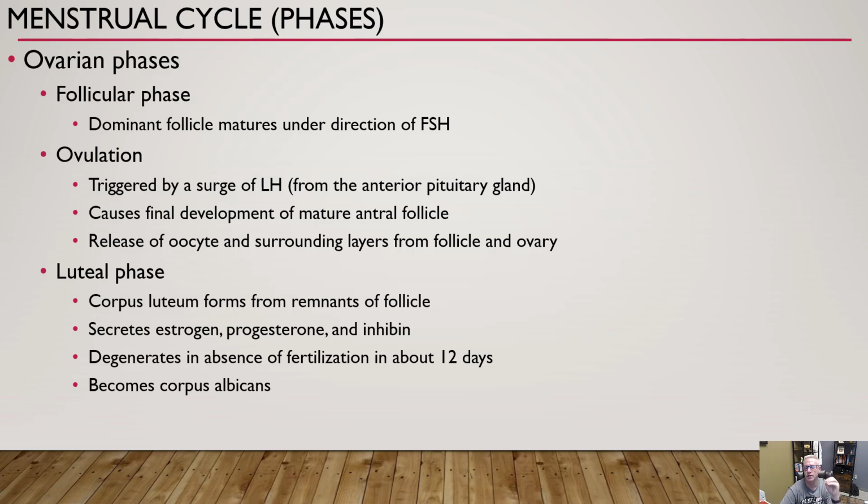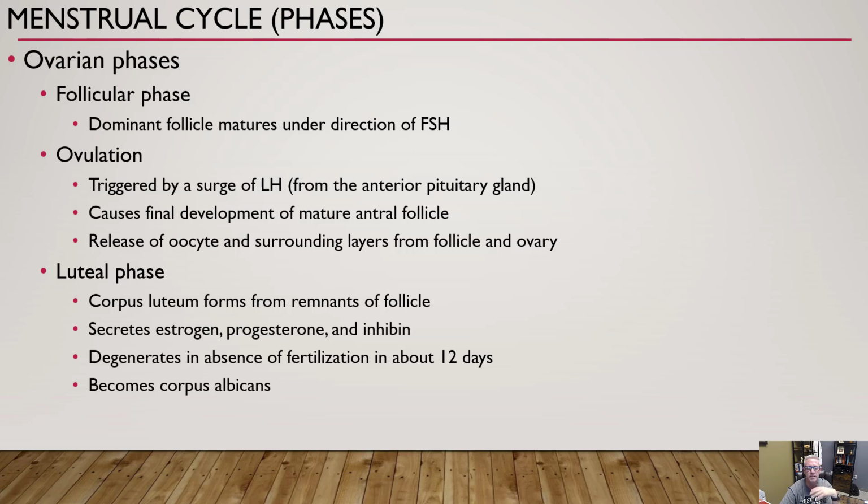Remember, LH comes from the anterior pituitary gland, and LH is stimulated by GnRH from the hypothalamus. Ovulation is the final development of the mature antral follicle, and it is the release of that oocyte, or egg cell, from the surrounding layer of the follicle and ovary.